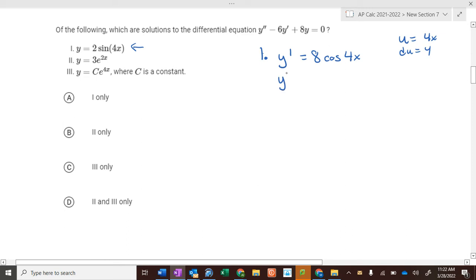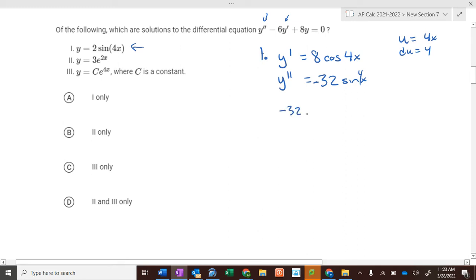What would the second derivative of that be? Negative 32 sine of 4x, sorry.